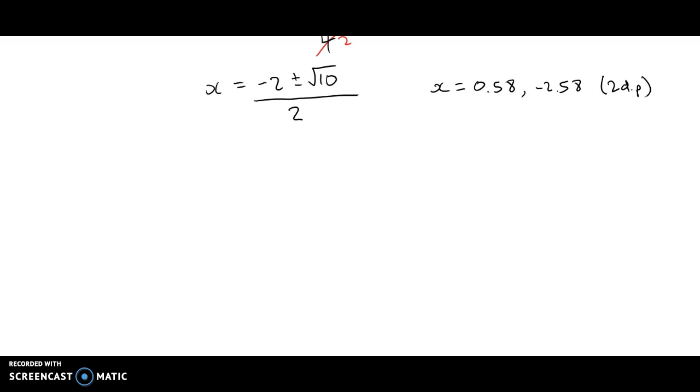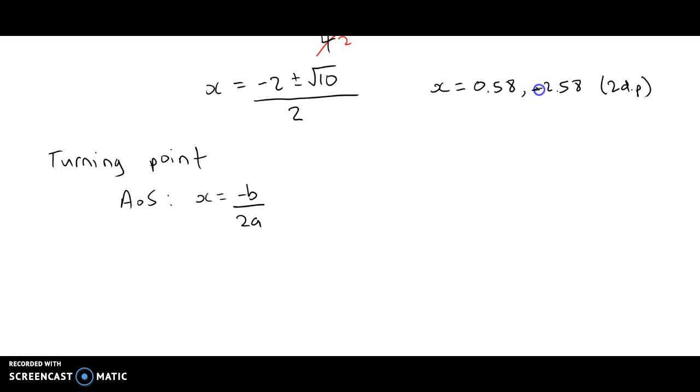The next thing we're going to do is find our turning point. Now you'll recall that in order to find the turning point, we need to find the axis of symmetry. And hopefully you'll recall the rule for finding the axis of symmetry is x equals minus b over 2a. We can just take the average of the two x-intercepts.